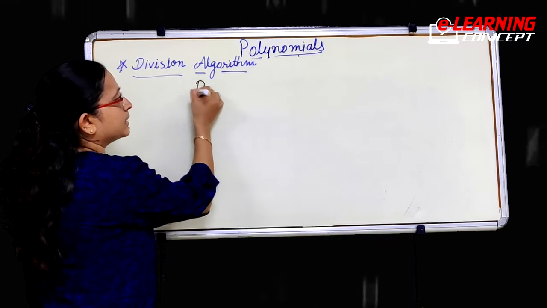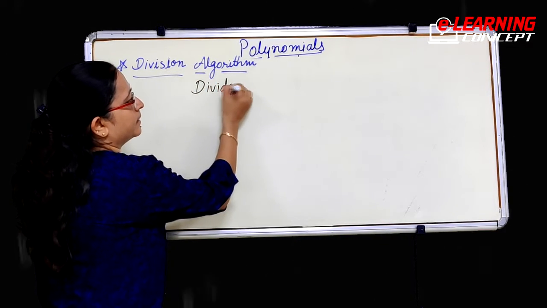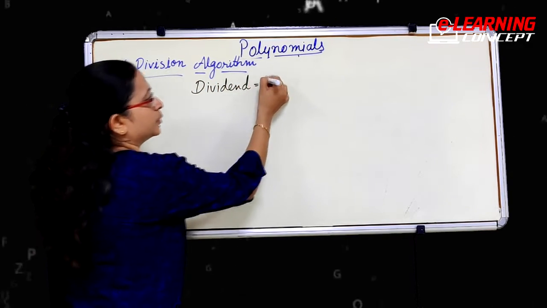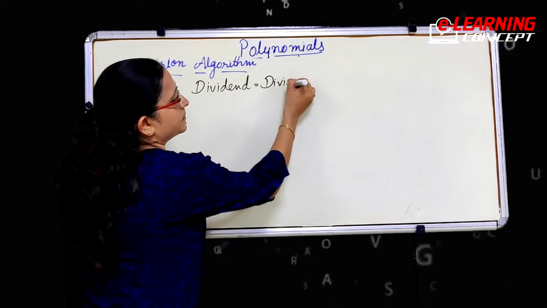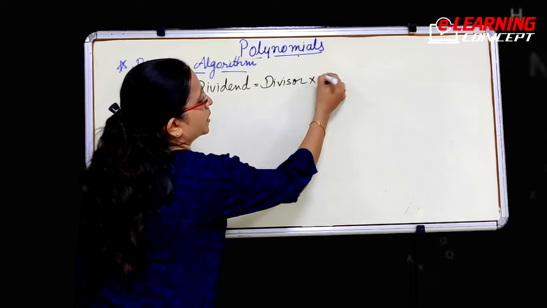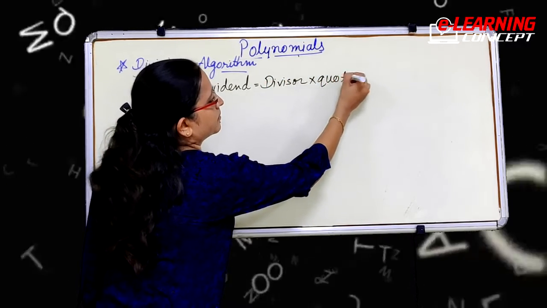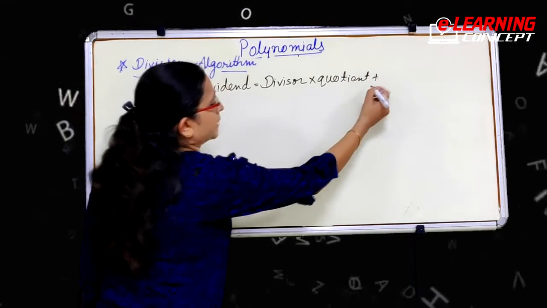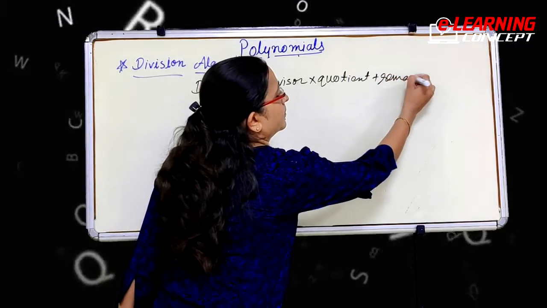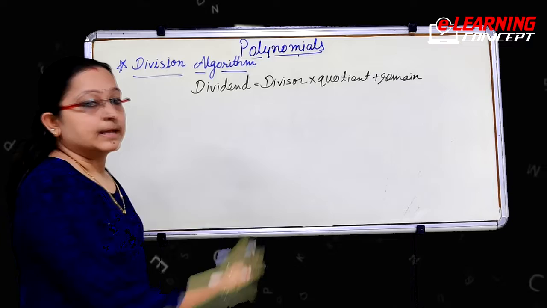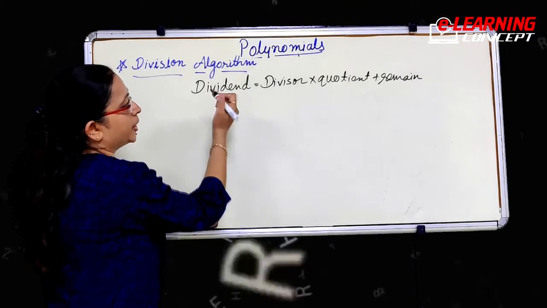So the division algorithm is: dividend is equal to divisor into quotient plus remainder. How do we write it in the form of polynomials?